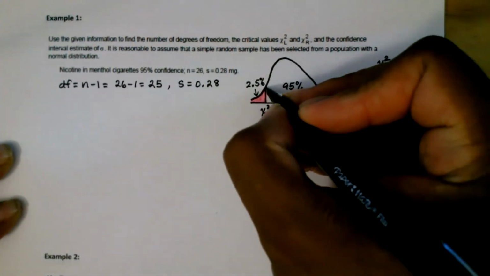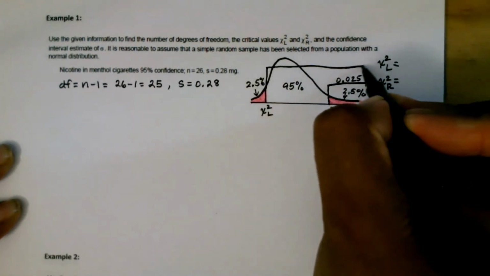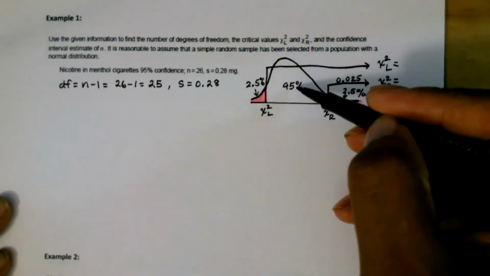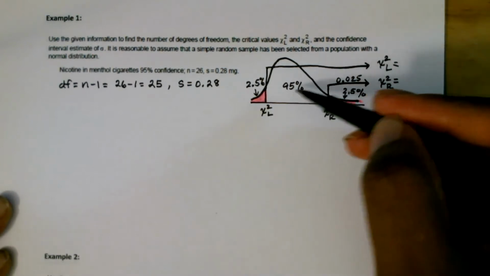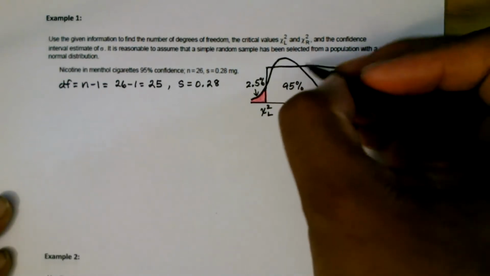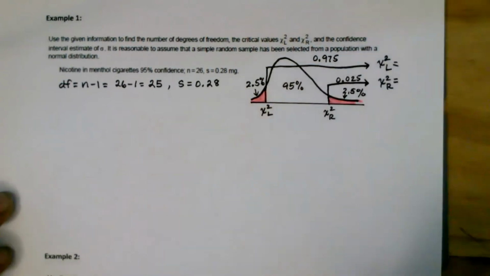Now, for our chi-square value on the left, it is all the way to the right. Keep in mind that your chi-square value represents cumulative area to the right. Well, to the right is 95%, and I also have 2.5%. So 95% and 2.5% added together will be 97.5%, or 0.975.